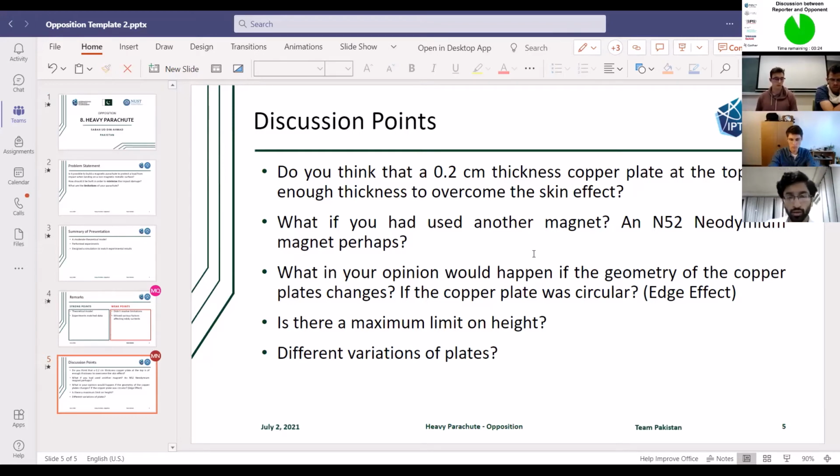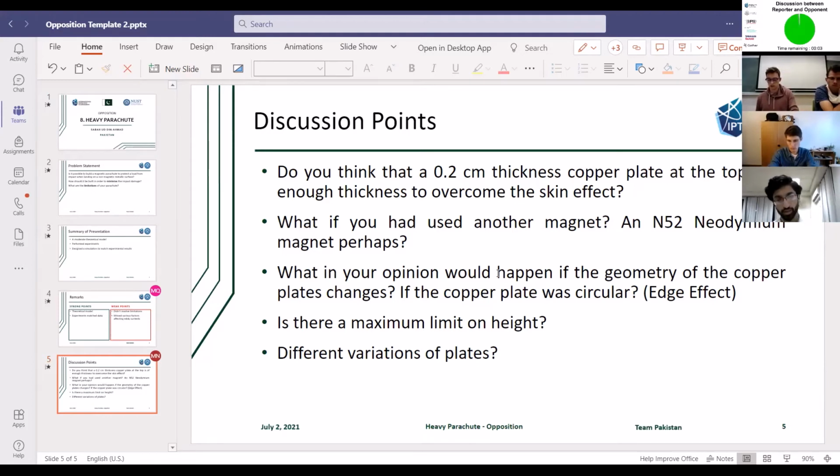You mentioned that you faced a limitation in your experiments and were not able to get a strong enough magnet. So if we get a strong magnet, will there be a limit on the maximum height?